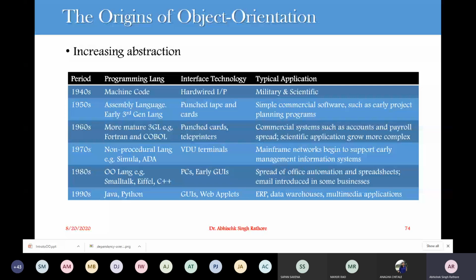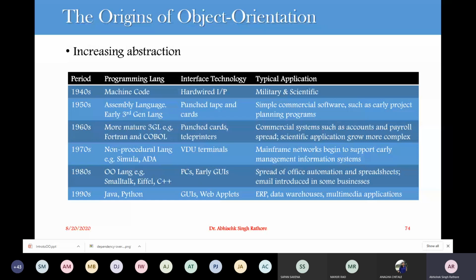We don't have any PC available at that time. PCs were introduced in the 1980s by IBM and Apple. Apple introduced Lisa as its first computer in the early 1980s.